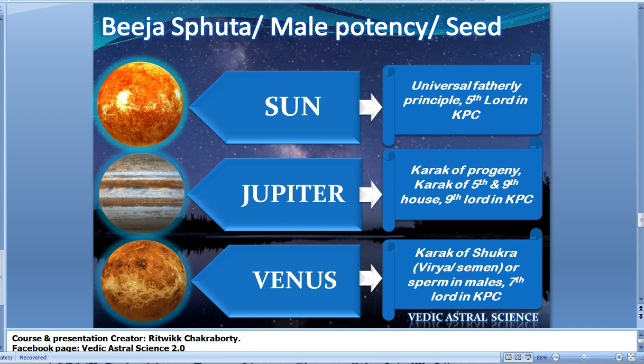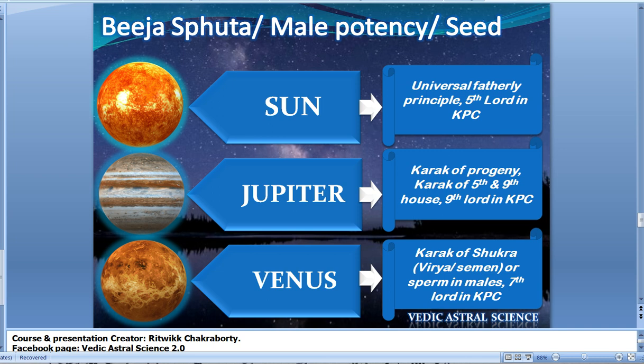Now let us see Jupiter. Jupiter himself is the Karak of children, especially it stands for male issues. Apart from that, Guru rules over the ninth house in Kalpurus Kundali. Information about progeny can be traced from the ninth house as well, being the Bhavat Bhavam from the fifth house.